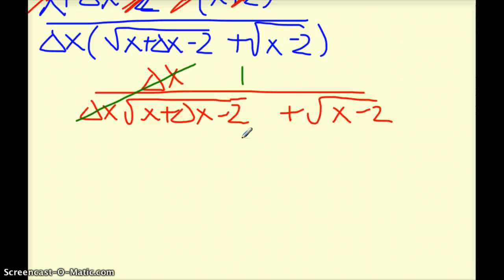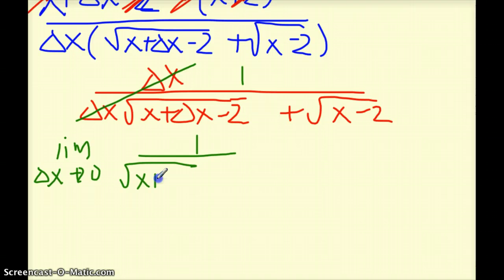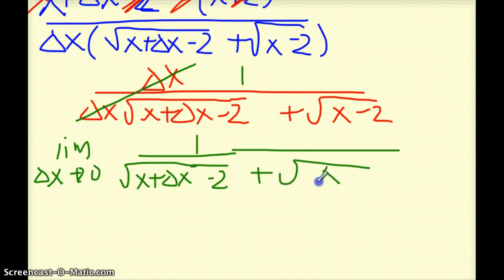And if I continue, I'm going to bring back the limit notation. Delta x approaches 0, 1 over radical x plus delta x minus 2 plus radical x minus 2. So now what should I plug in to delta x? Good. I should plug in a 0.